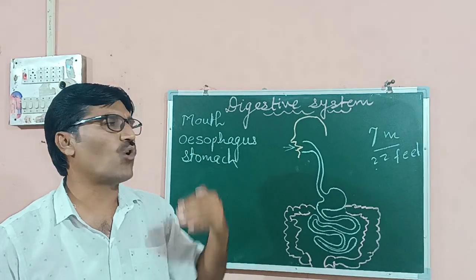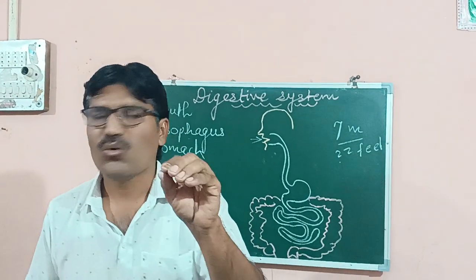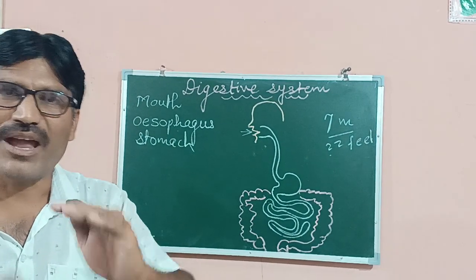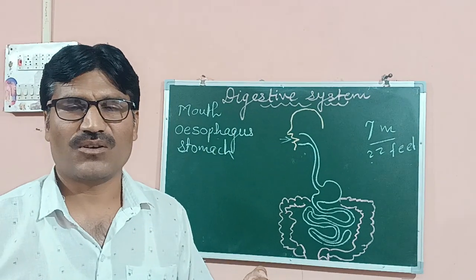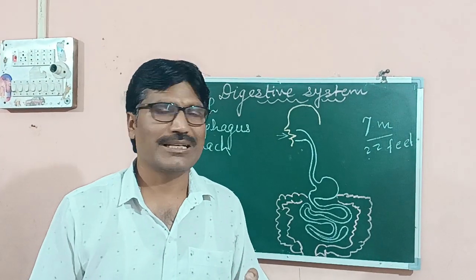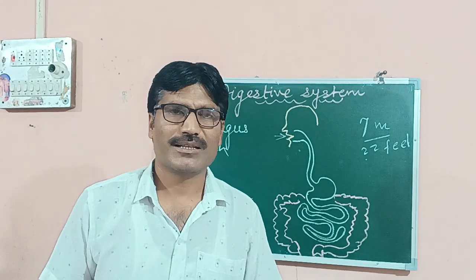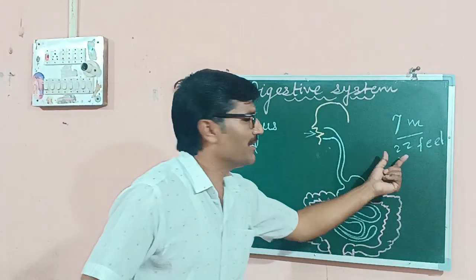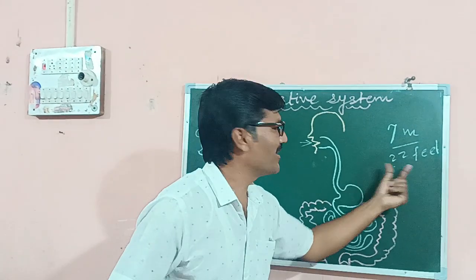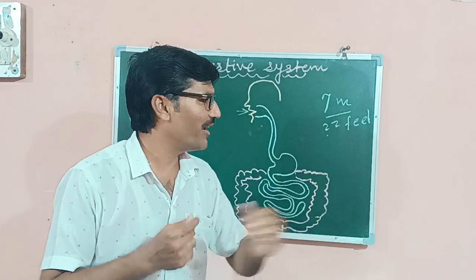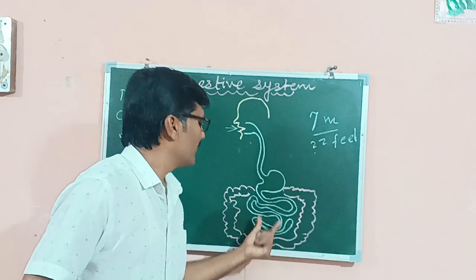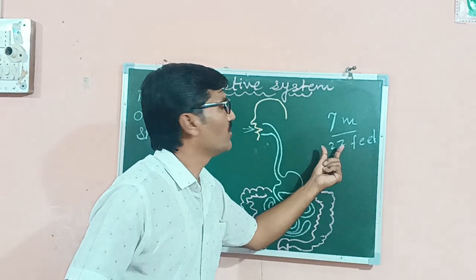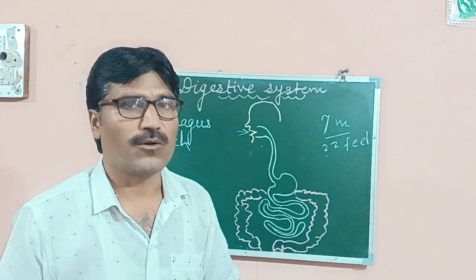Generally, you know well that girls are near about 5 to 5.5 feet tall, and boys are up to 6 feet tall. So it is 3.5 times. That means 6 threes are 18. 6 threes are 18. So the length of the small intestine is near about 22 feet long.